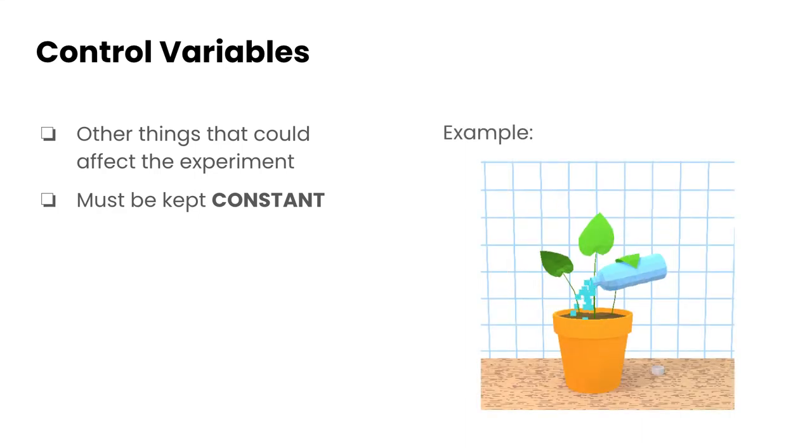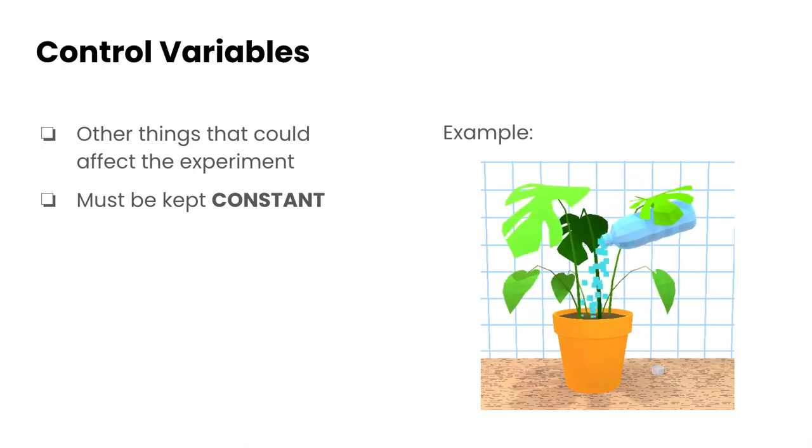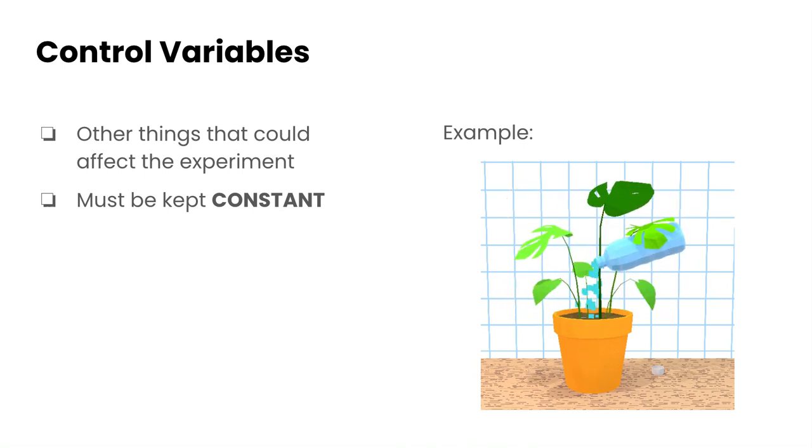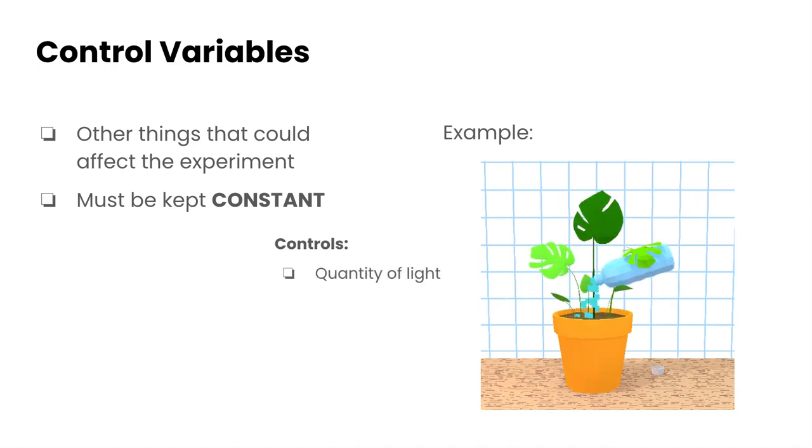So, for example, in our experiment of looking at how the volume of water affects the height of a plant, we want to think about, well, what else could affect the height of a plant? And so things like the amount or quantity of light that the plant is getting could affect how much it grows.